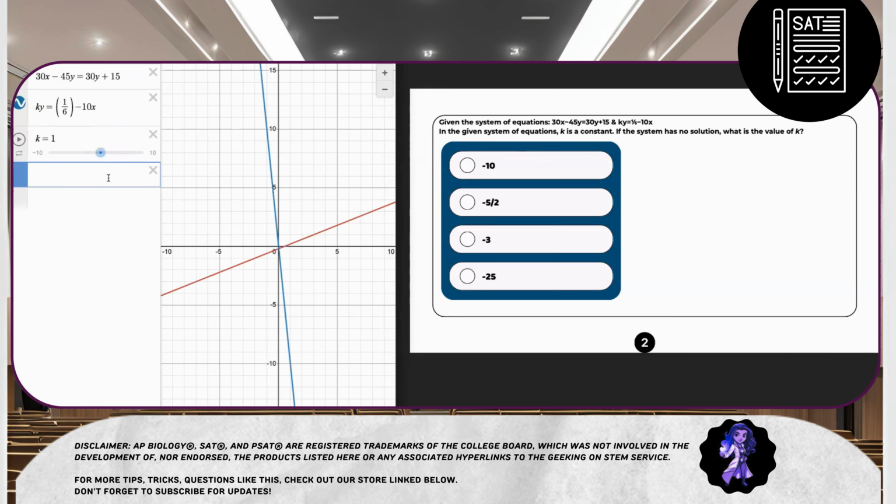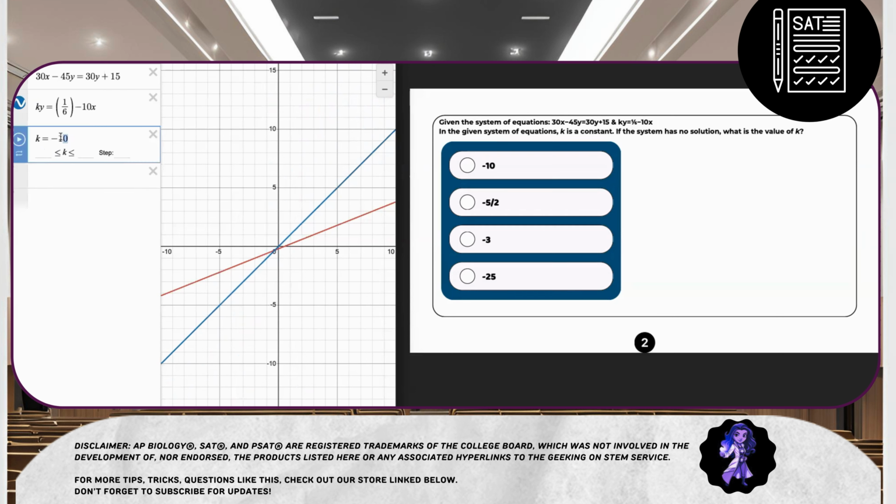I provide the slider, which allows you to move the graphs based on your value of k. Since it's multiple choice, I can type in all my answers, noticing that -10 is still intersecting. And even if I go to like -3 and -5/2, it's still a value that is going to intersect both lines.